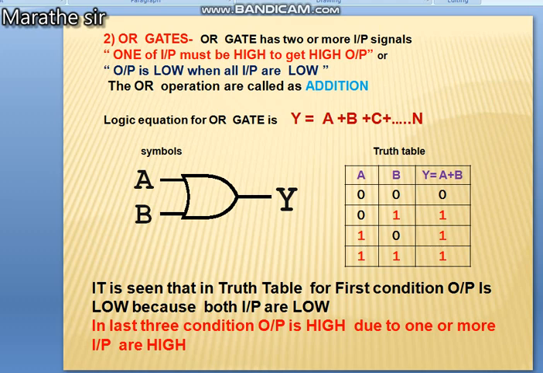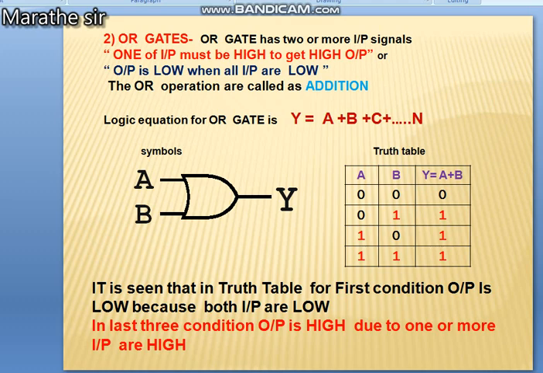Whenever we substitute these values in our above logic equation, we get that the output of OR gate is 0 1 1 1. For the first condition it is 0, and for the last three conditions the output Y is equal to 1. It is seen in the truth table that for the first condition the output is low because both inputs are low, as per its logical statement.